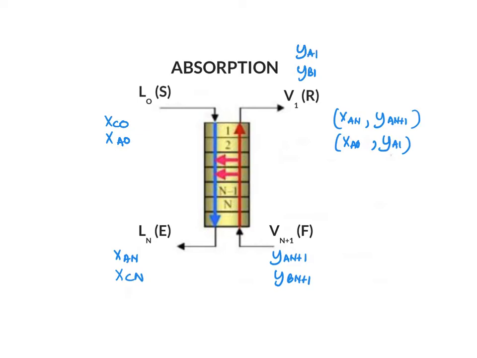But remember, to get the operating line, we just need YAN plus 1, XAN, XA naught, and YA1. So this is our main concern in the calculation, so that we can plot the 2 points and connect them to get the straight line.